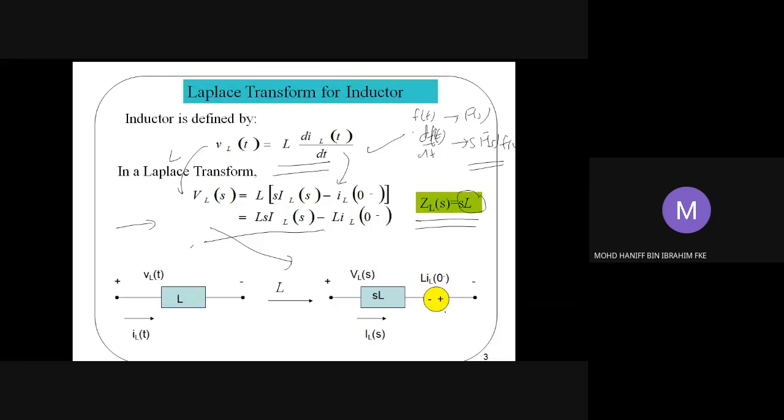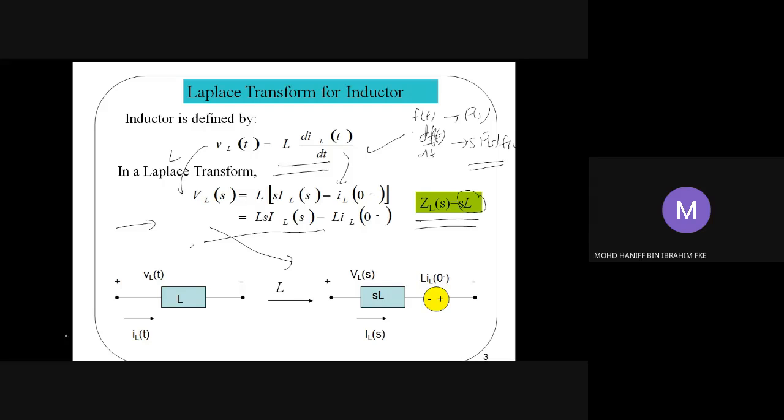So we can see from this diagram, in the S domain or the frequency domain, the inductor is represented by this component. So when we want to transform the circuit from time domain to frequency domain, that means a transformation of the inductor.